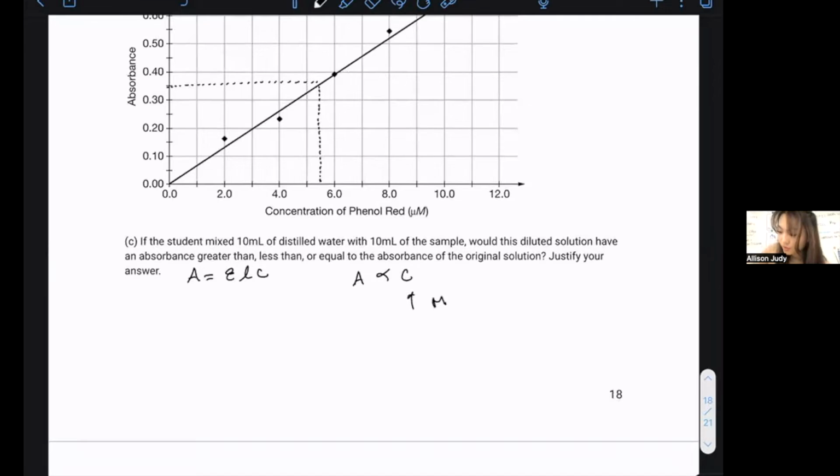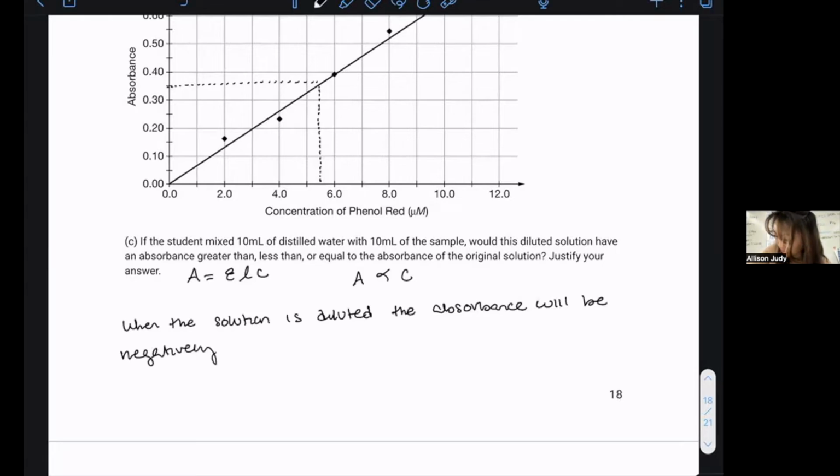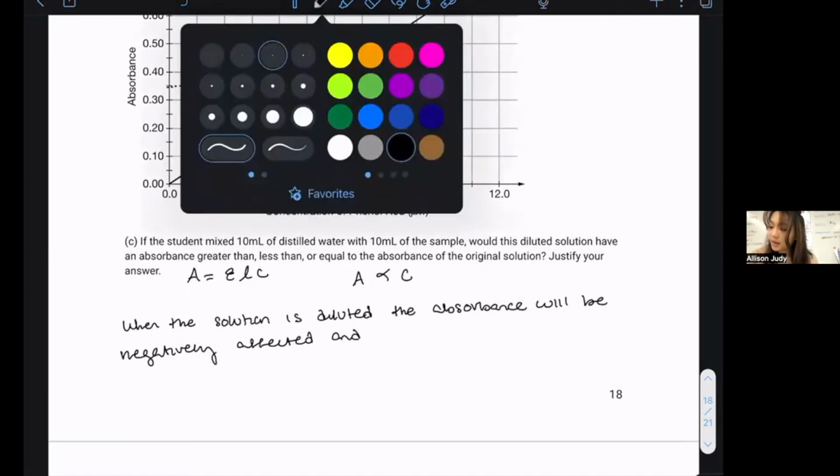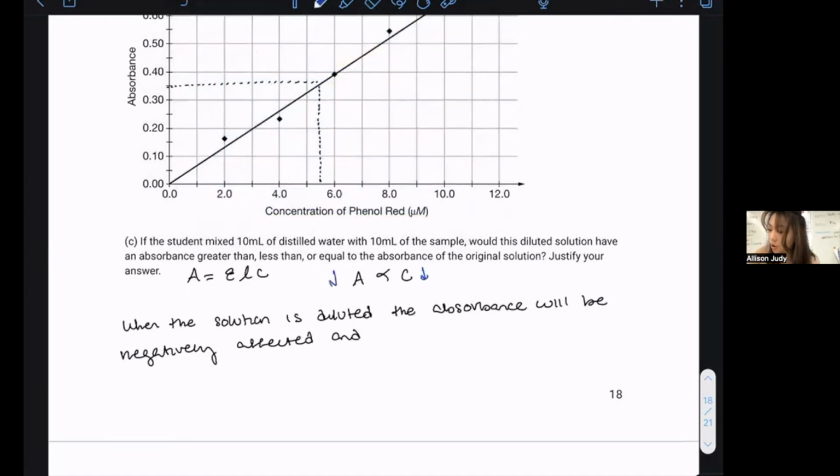So when the solution is diluted, the absorbance will be negatively affected. And if we know that absorbance is proportional or directly related to concentration and we dilute, we would know that if I decrease my concentration, I would also decrease my absorbance.